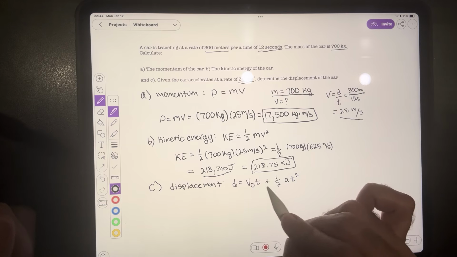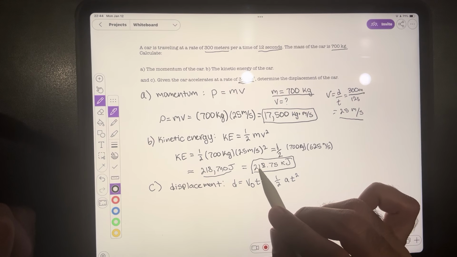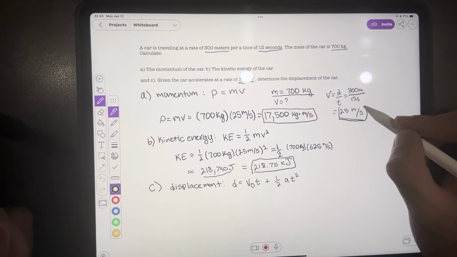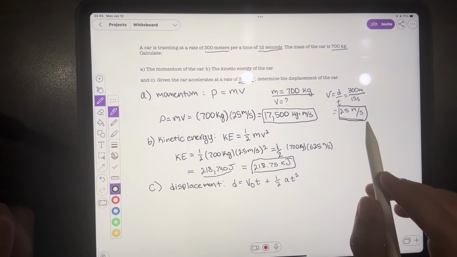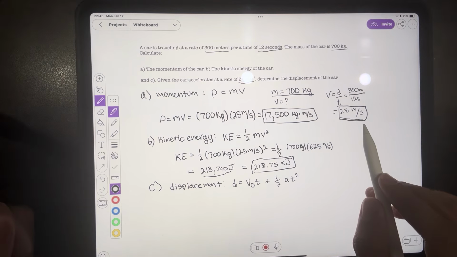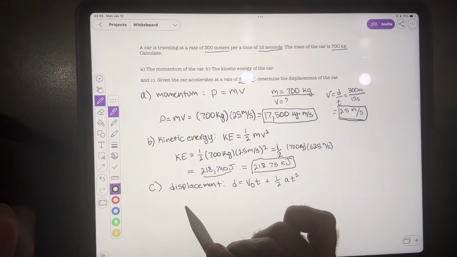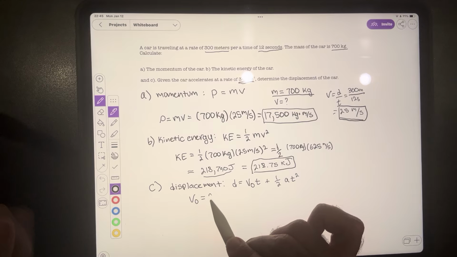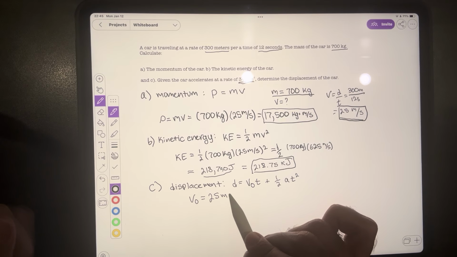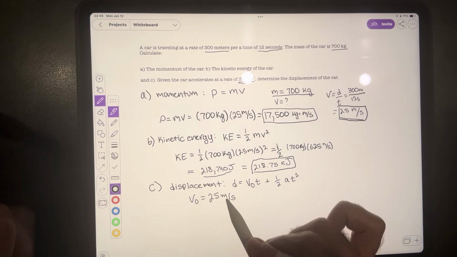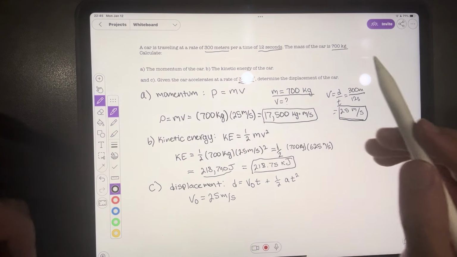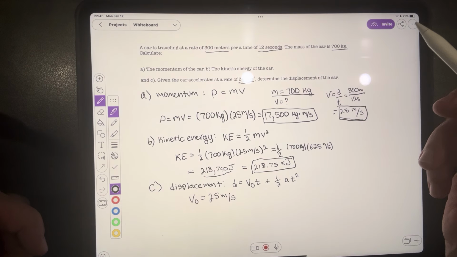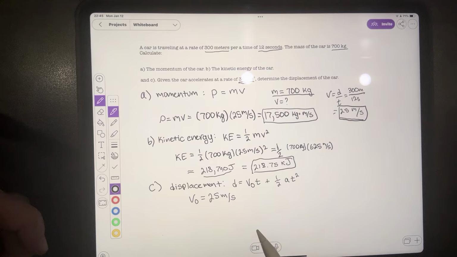Now, the initial velocity was already determined when we got 25 meters per second. So we can say that our velocity is 25 meters per second because the car is traveling at a constant rate initially.